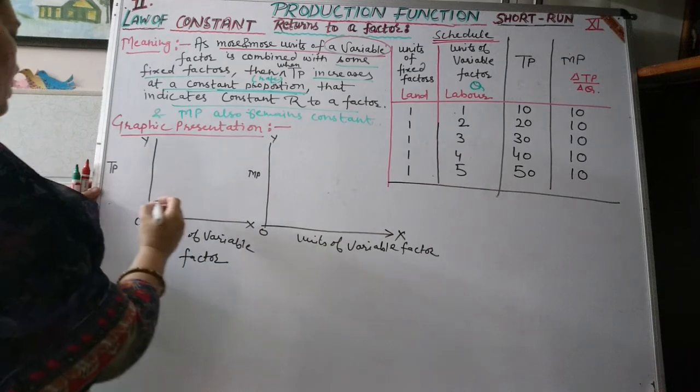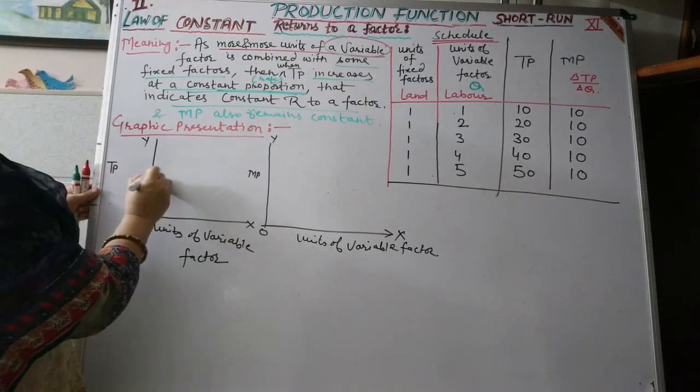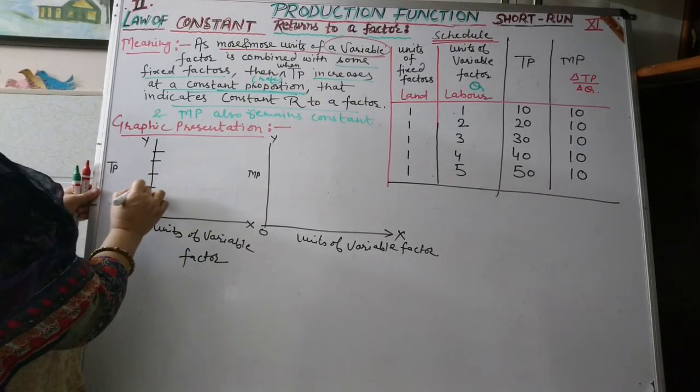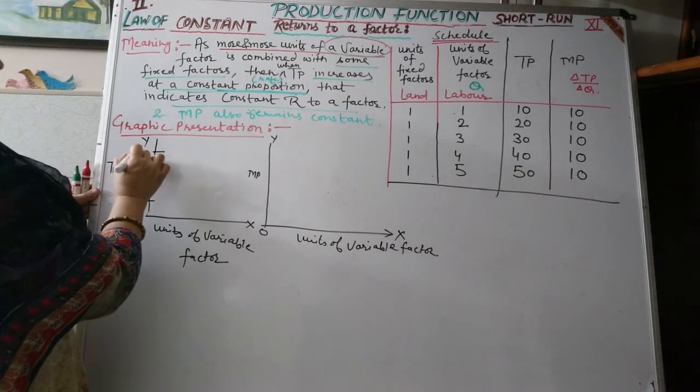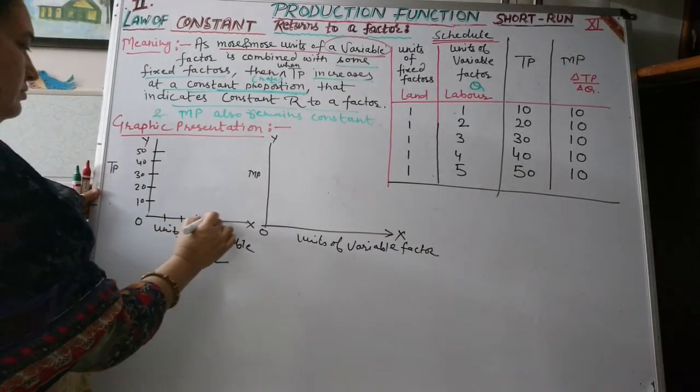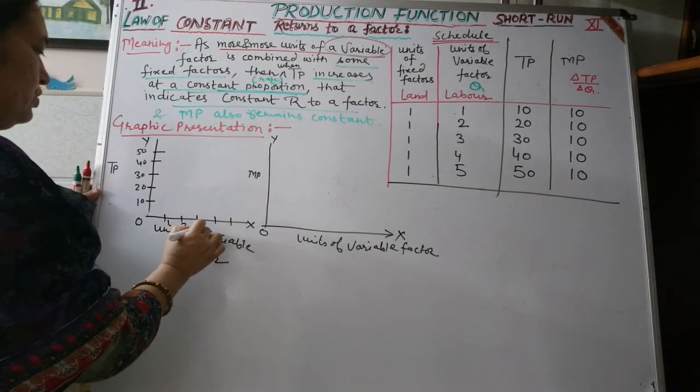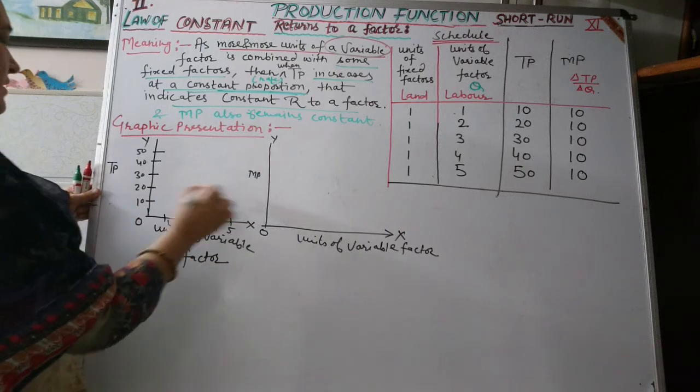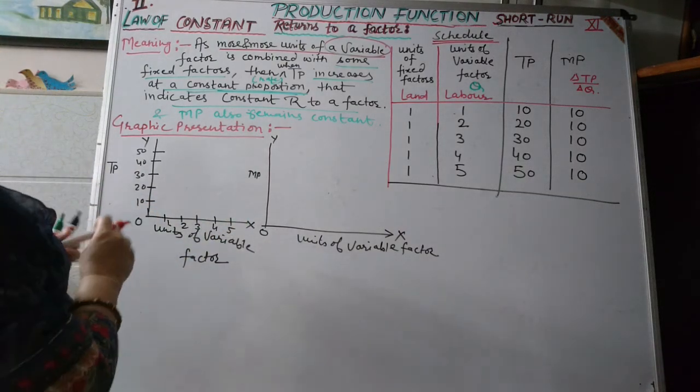The values of total production are up to 50: 10, 20, 30, 40, 50, against units 1, 2, 3, 4, 5. And now let us first of all draw total production.